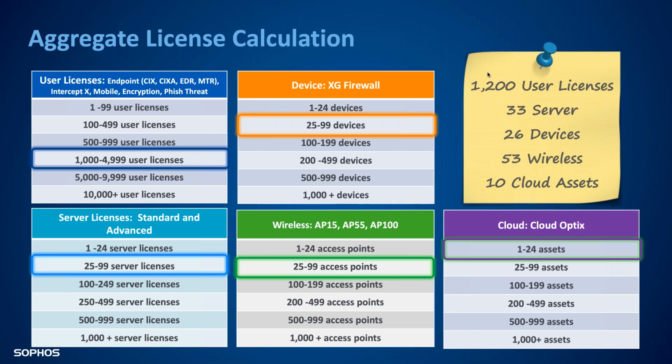The reason we do it this way is to reward you as an MSP for upselling and cross-selling. The price that you have to your end user customer is going to remain the same, but the more you upsell and cross-sell to your customers, your price is going to lower, hence increasing your profitability.